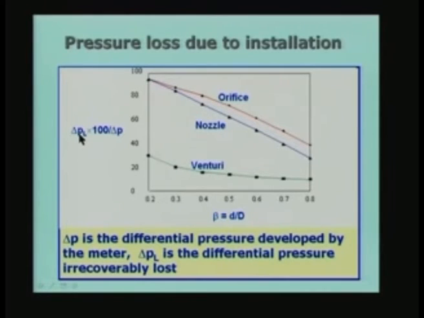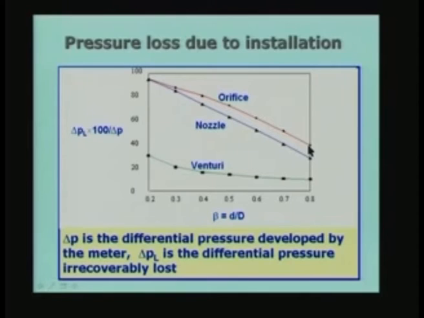And you can see that for the orifice, even for beta equal to 0.8, almost 40% of the pressure drop is irrecoverable.